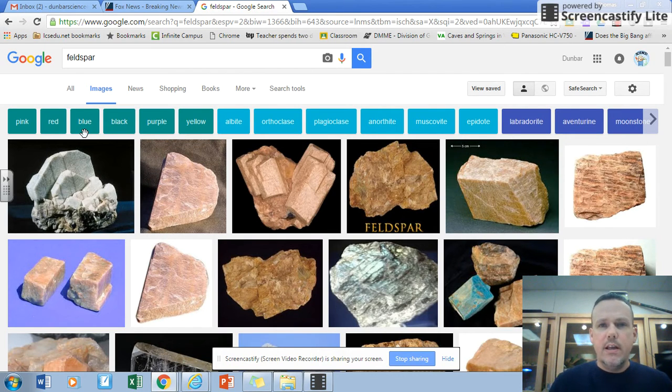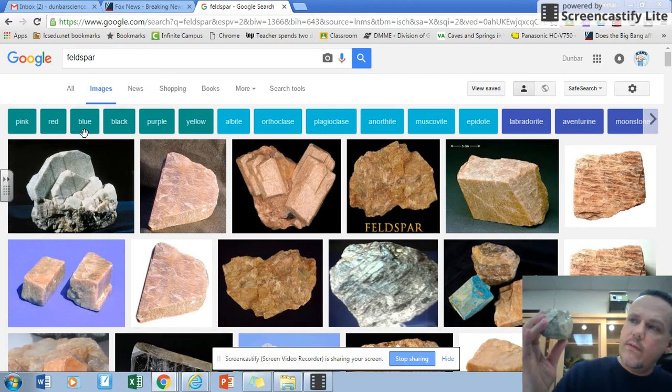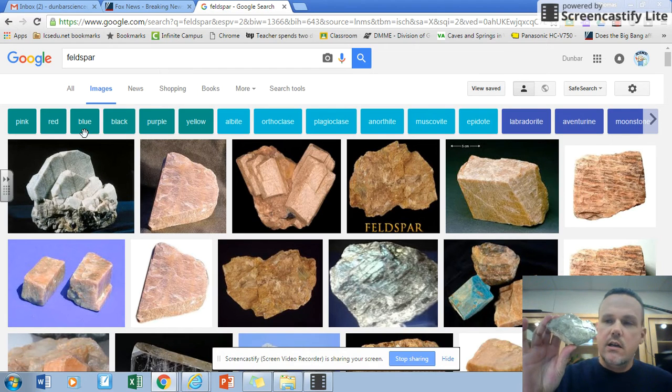Your last one is mica, and that you need to know about. There are other rock forming minerals, but these are the ones that you need to know for standardized testing. Mica from the side just looks like a rock almost, but when you flip it over, you can see that it's a little bit different. It has a shiny, glossy kind of appearance.